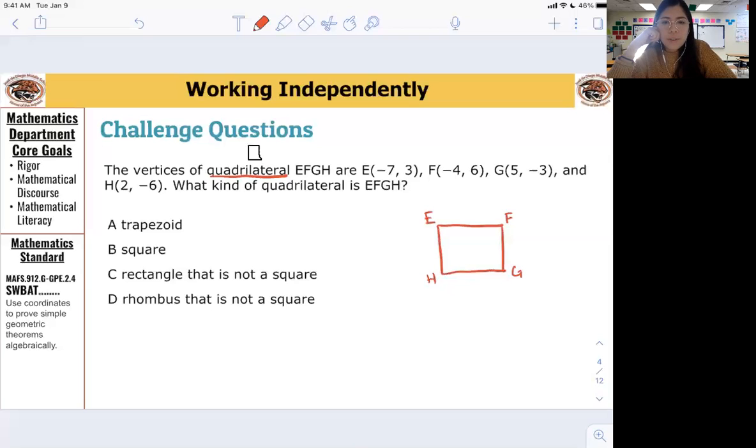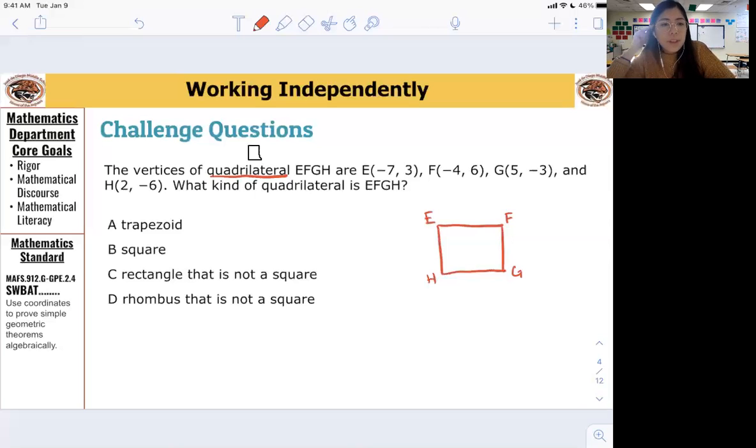So we've got E, F, G, and H. Now it doesn't matter that our quadrilateral might look different than the actual quadrilateral because the only reason I'm using this picture is to visualize what we need to either calculate or what might help us eliminate some answer choices in order to get the right answer.